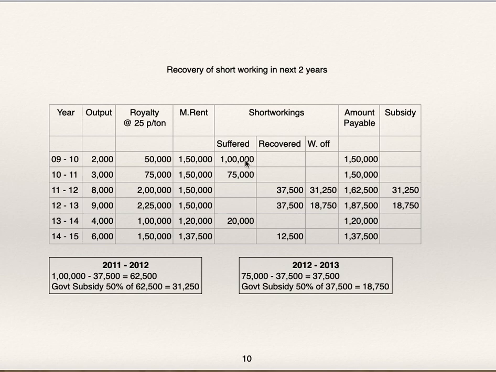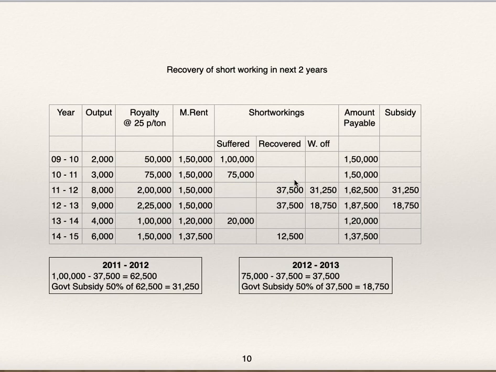So whatever he has suffered in the year 9-10, he can recover in the year 10-11 or 11-12. He could recover only 37,500. Now the difference between 1 lakh and 37,500. Can he write off the entire amount of difference because recovery is in the next 2 years?